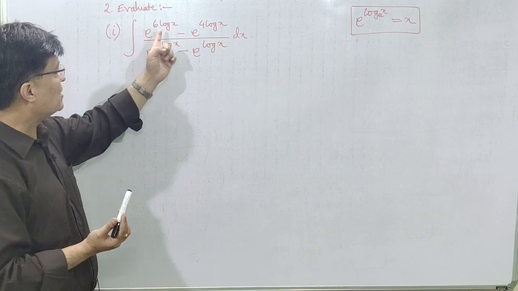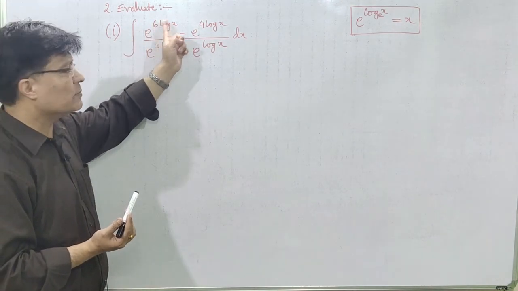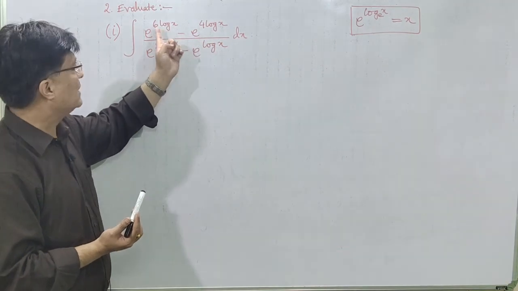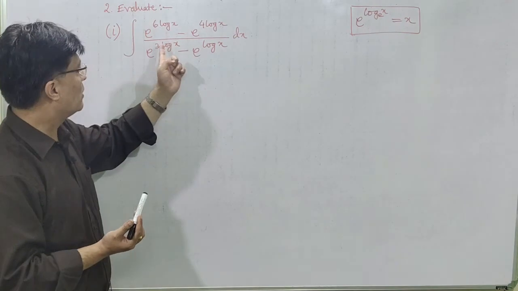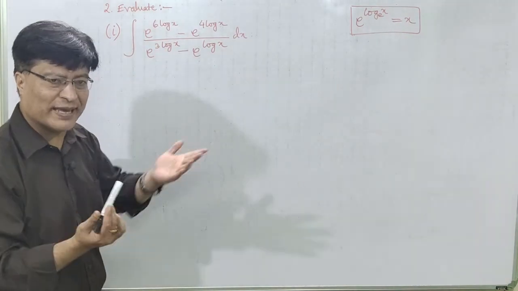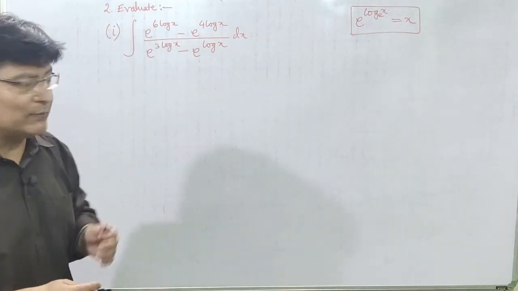Since the coefficient of log here is 6, this 6 becomes the power. Here also the 4 becomes the power, and here also the 3 becomes the power. Let us make them powers first so that you can easily simplify it.